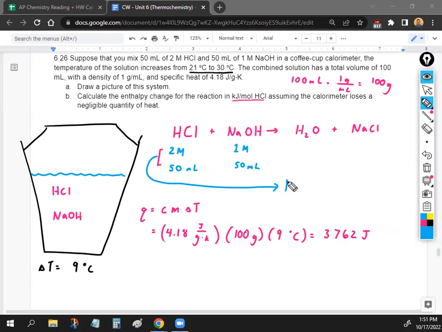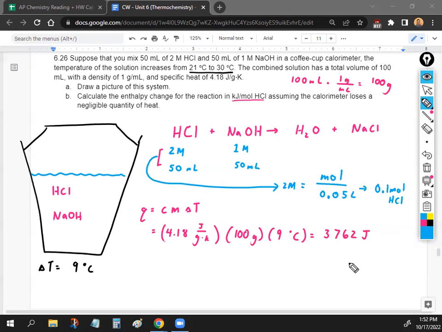We know the molarity formula is moles over liters. So let's substitute some things. We got to convert 50 mils to liters, which is 0.05 liters. Molarity is 2 molarity. So this is going to give us 0.1 moles of HCl.